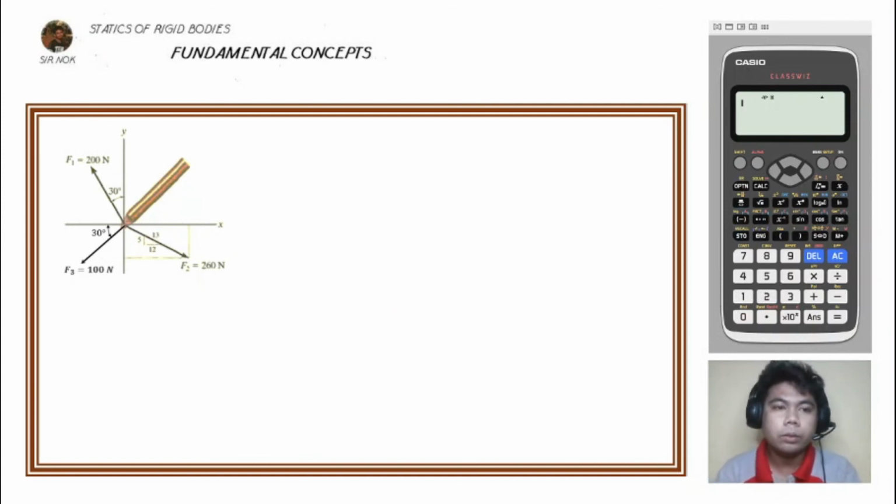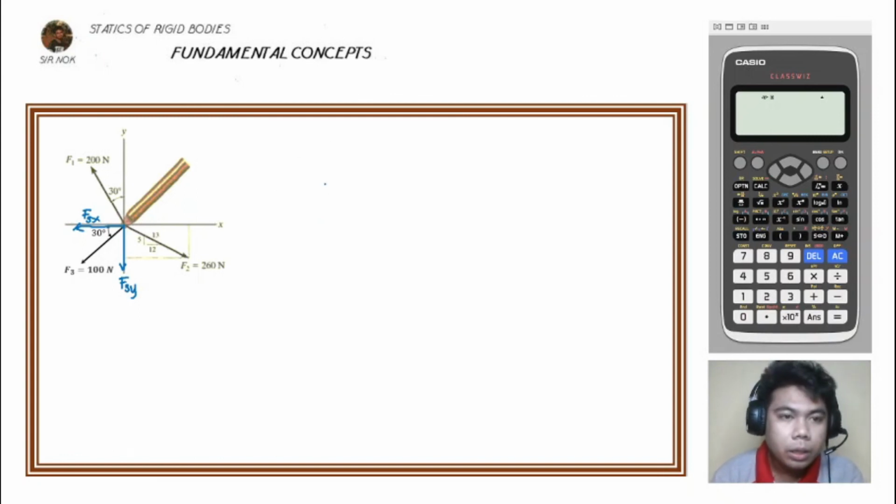And last, we're going to solve for the x and y components of force 3. Force 3 is at quadrant 3. So the x component is to the left, let's call it F3x, and the y component is downward, let's call it F3y.